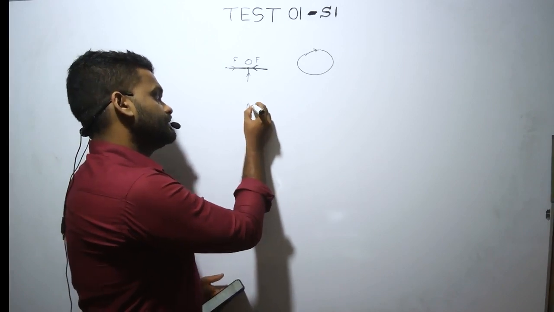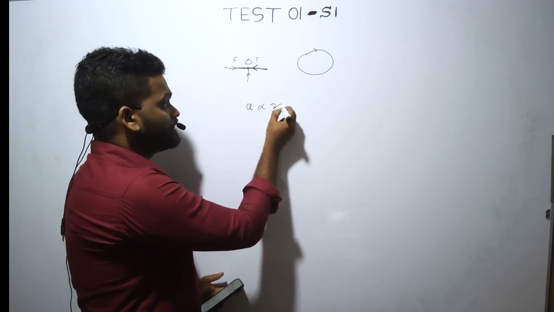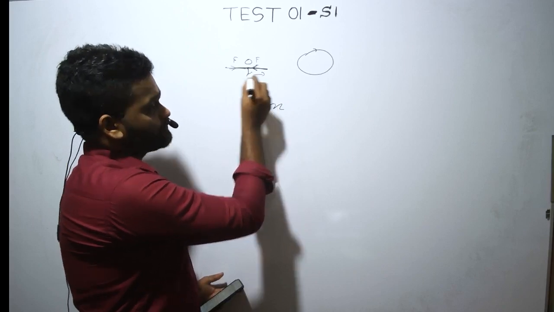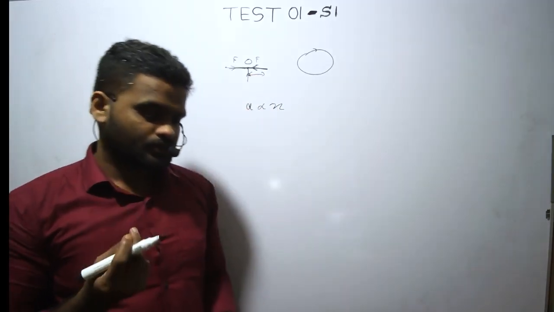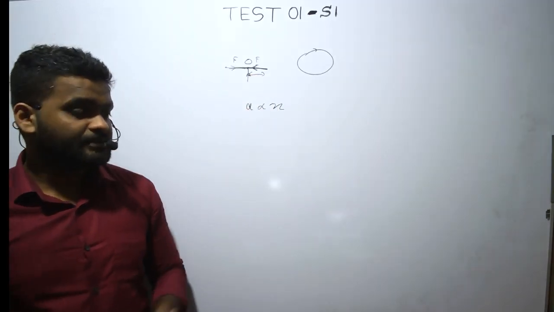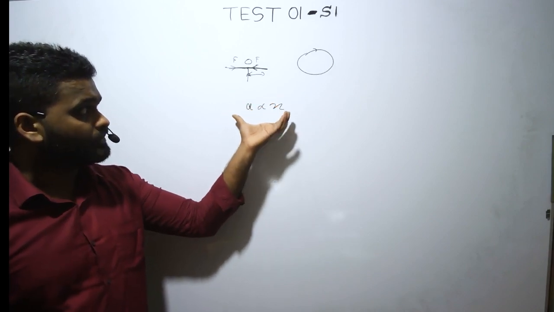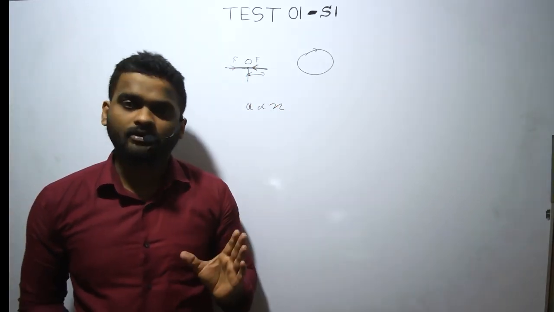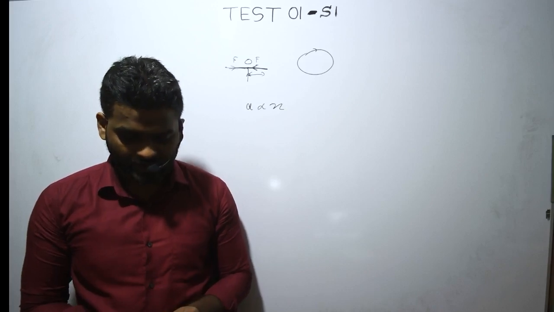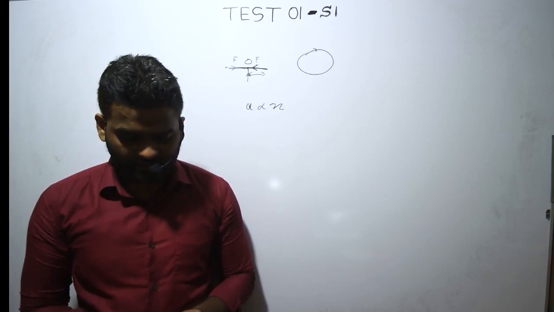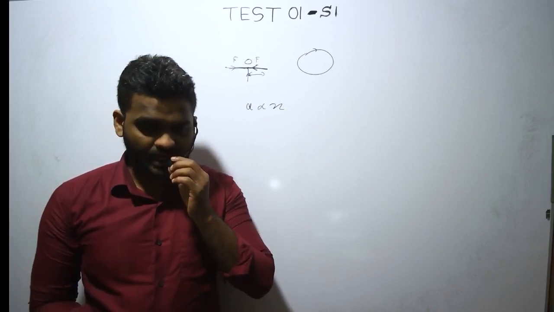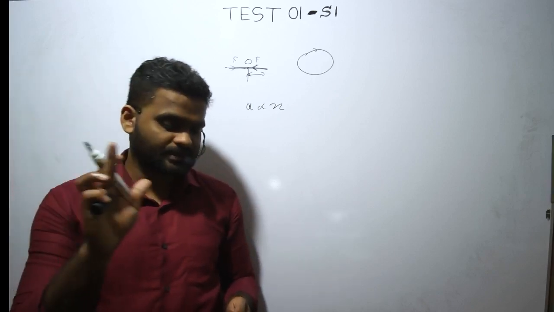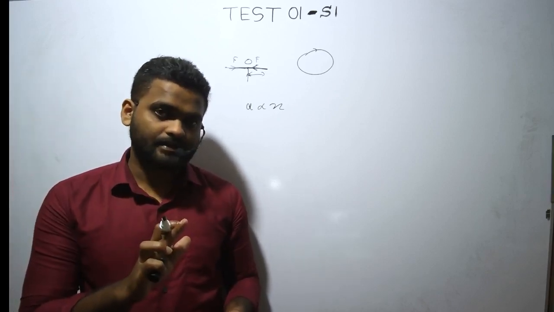And the acceleration of simple harmonic motion is proportional to the displacement from the center. So if a periodic motion obeys these as well, only then we call that simple harmonic motion. So the first one is not correct, right? All periodic motions are not simple harmonic. But all simple harmonic motions are periodic, right?